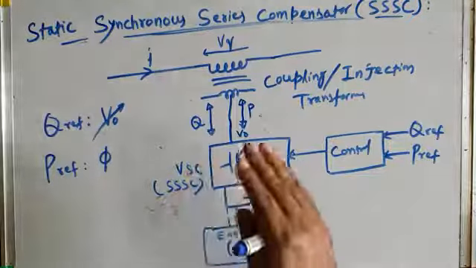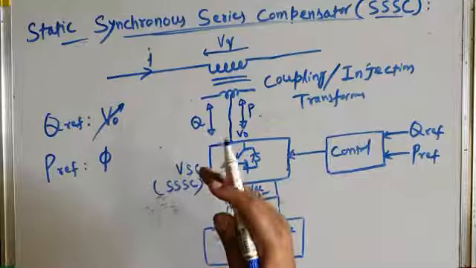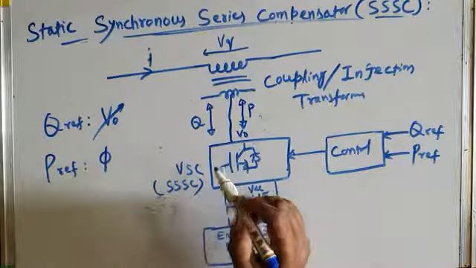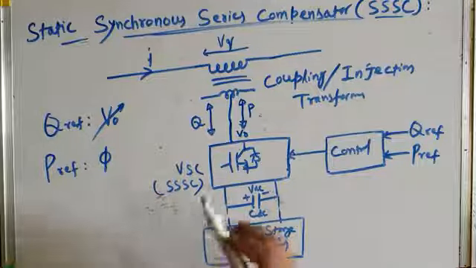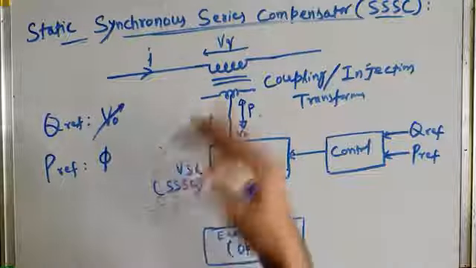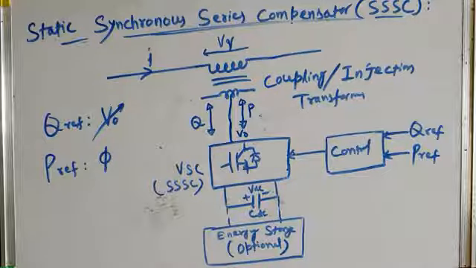Anyway, we have seen in case of a STATCOM also, by controlling the magnitude or amplitude of the STATCOM inverter output voltage, reactive power control can be achieved. And by controlling the phase angle of the STATCOM inverter output voltage, active power exchange can be achieved. We have already studied that in case of a STATCOM.